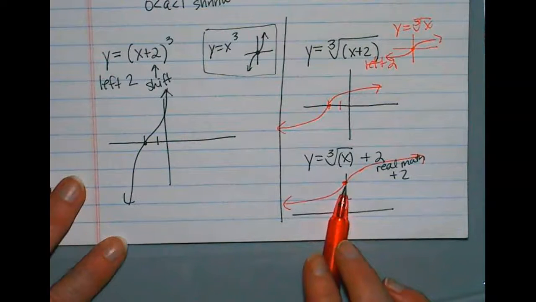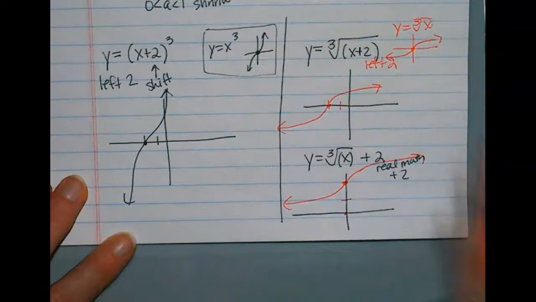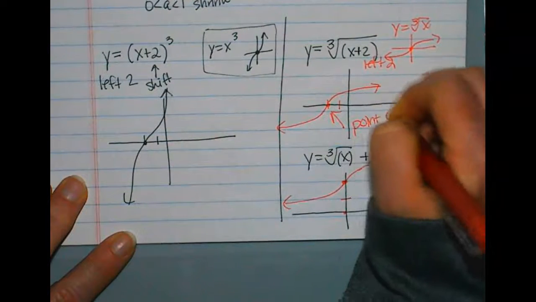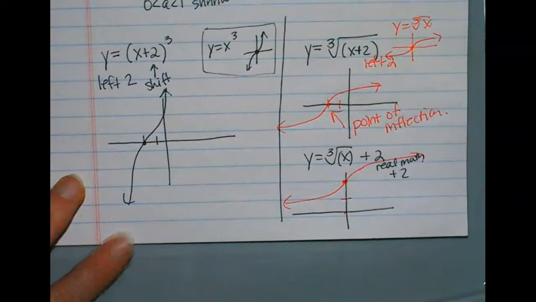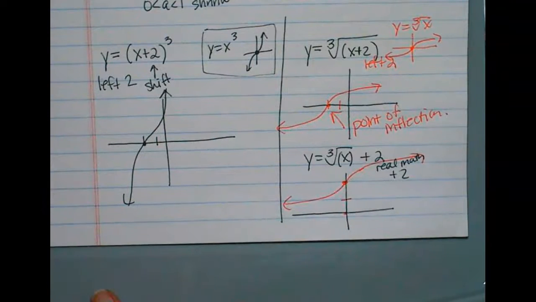So this is not a vertex per se. This is called a point of inflection, and that's a very calculus word. But it describes this change in the graph, this very specific point, which defines what this graph looks like and how it moved. Okay, we're going to keep doing translation so we can get really good at this.